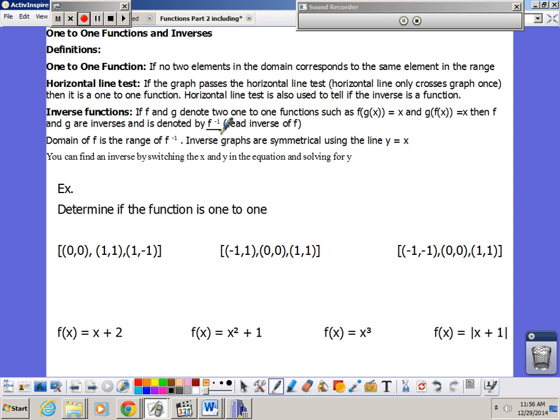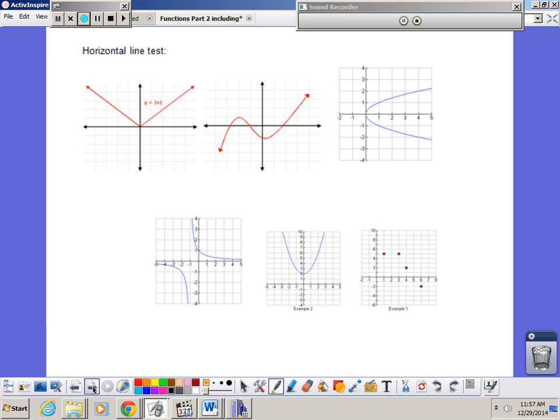The domain of the original becomes the range of the inverse. The range of the original becomes the domain of the inverse, because all you're doing is switching the x and the y to solve for y. And you can tell if it has an inverse by if it's a one-to-one function. It has to be a one-to-one function to have an inverse.